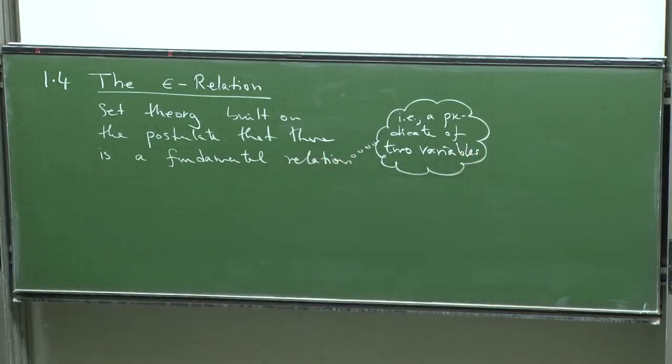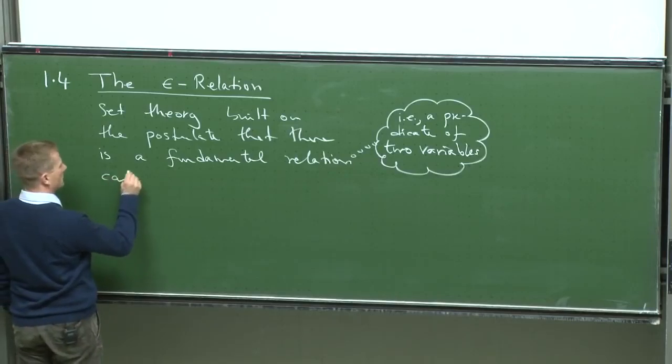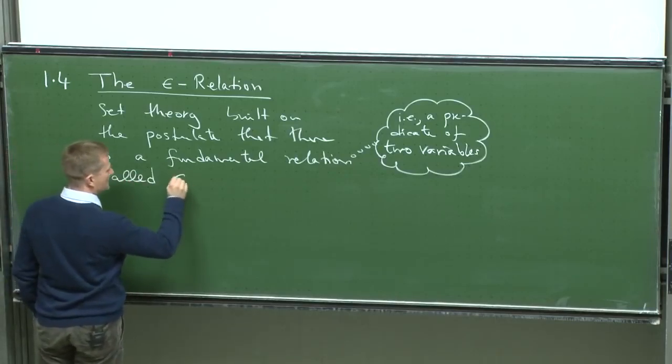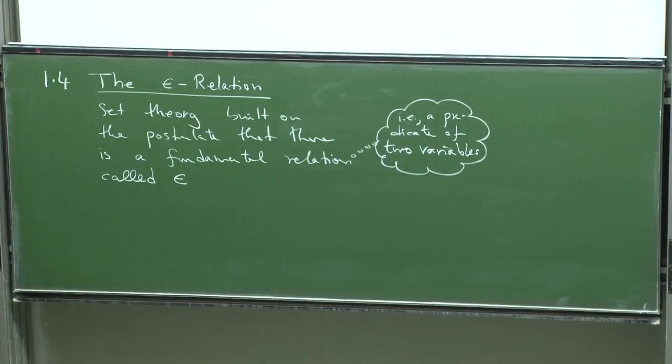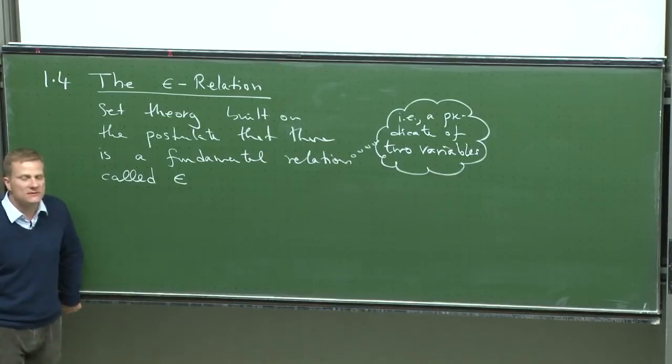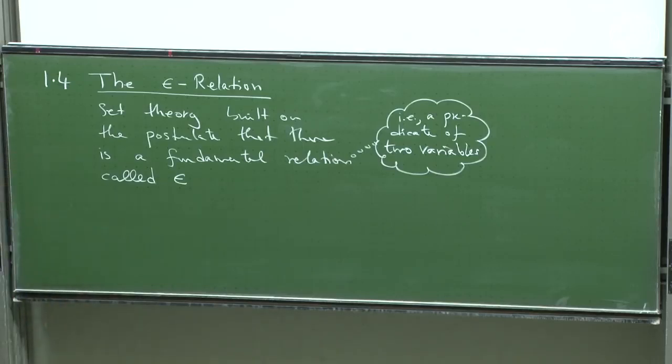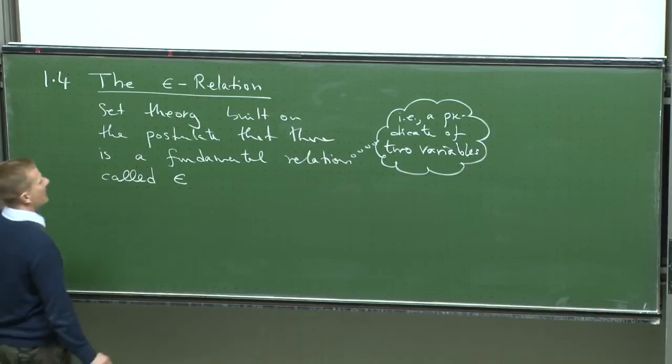The postulate is that there is a fundamental relation called epsilon. Well, obviously this will be the element symbol that we all expect to make its appearance in set theory, but let's not have any preconceived notions about it. It's simply a relation and it's called epsilon.